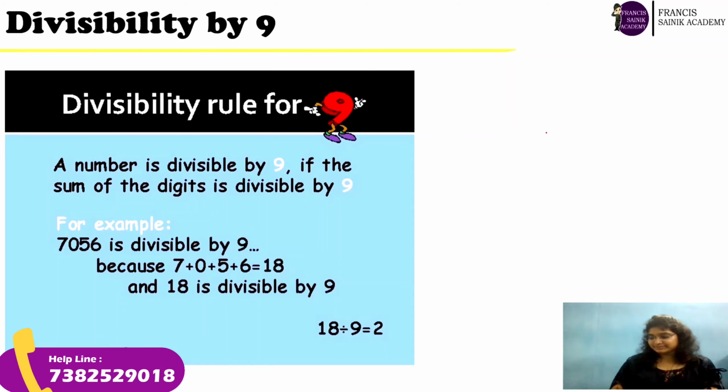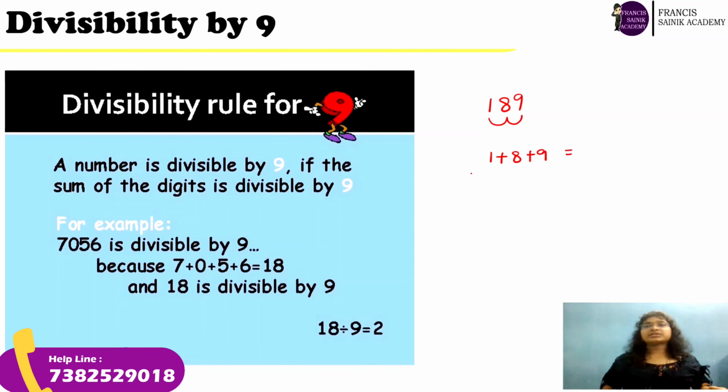For example, 189. So start adding the digits. 1 plus 8 plus 9: 1 plus 8 is 9, 9 plus 9 is 18. Yes, 9 twos are 18, right? So 189 is divisible by 9.